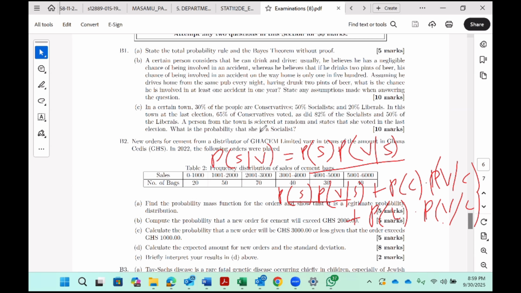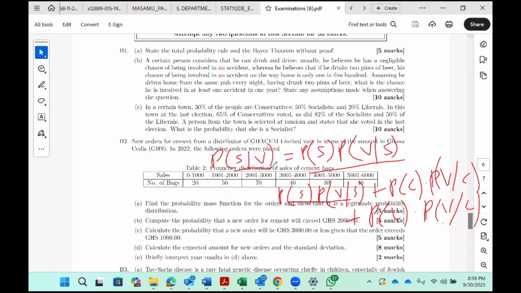Those who voted, given conservative, is 65%, so 0.65 times 0.3. Then for the liberal, it is 20%, 0.2, times those who voted as liberal, 0.5. So we have 0.2 times 0.5. When you simplify this, that will give you the probability that we are to find.